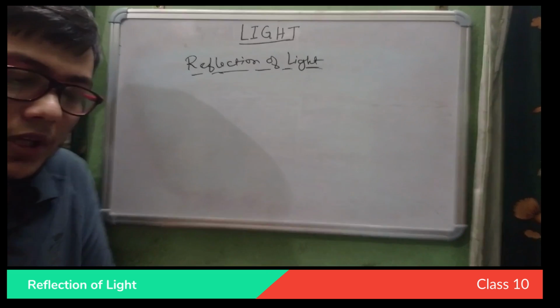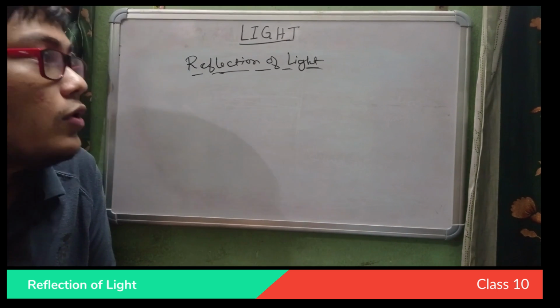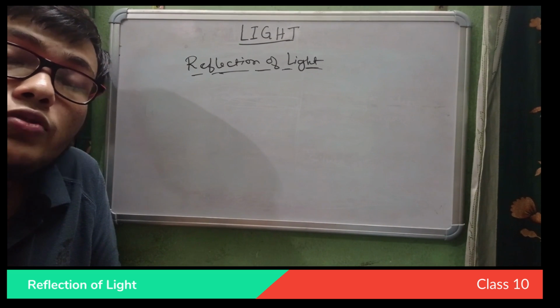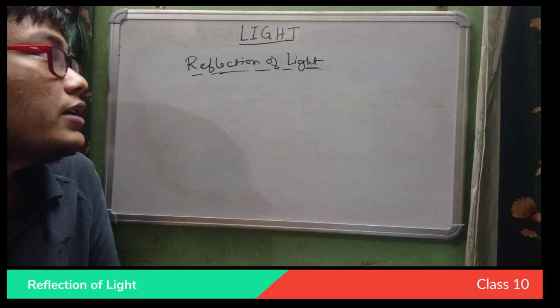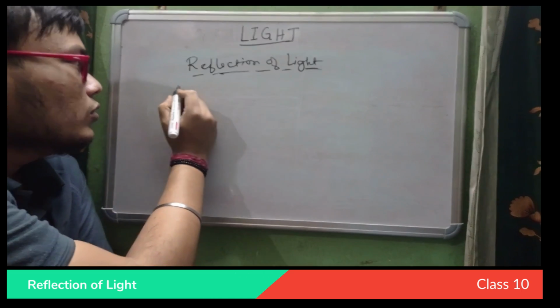So what do we mean by reflection? Basically, when light rays fall on an object or a surface and bounce back into the same medium, that is known as reflection of light.